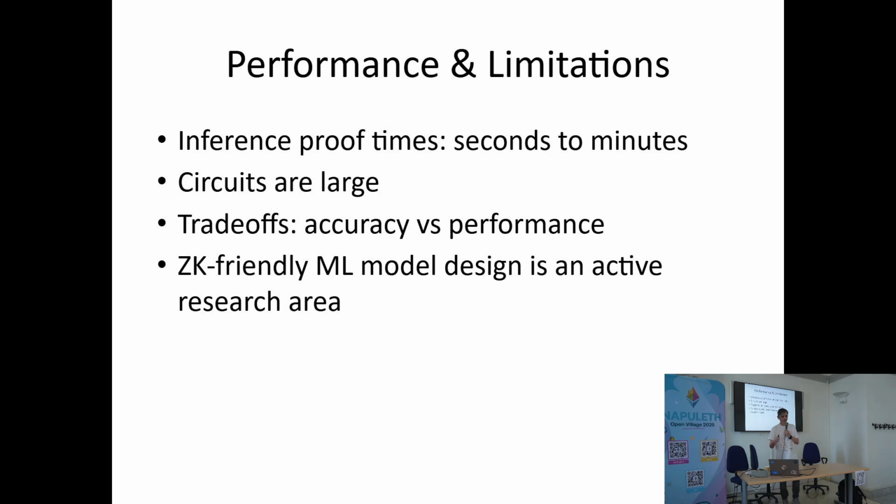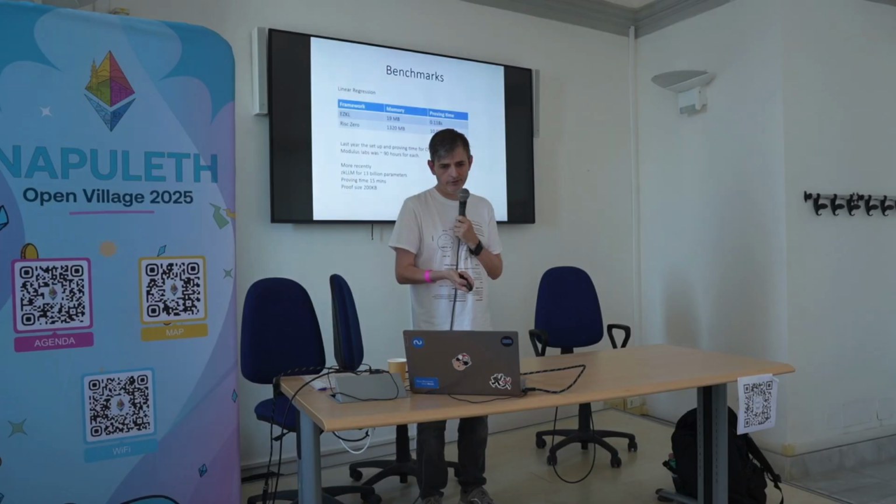So we tend to have a trade-off of accuracy versus performance of the machine learning model if we want to get it small enough to use in ZK. But this is an active research area. People are working on this very actively.